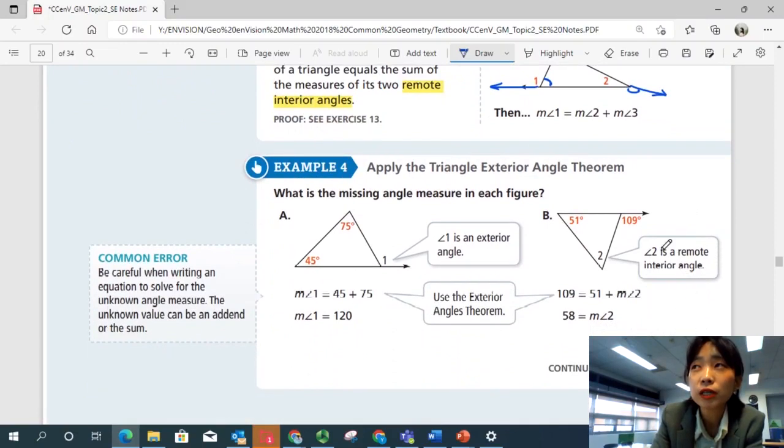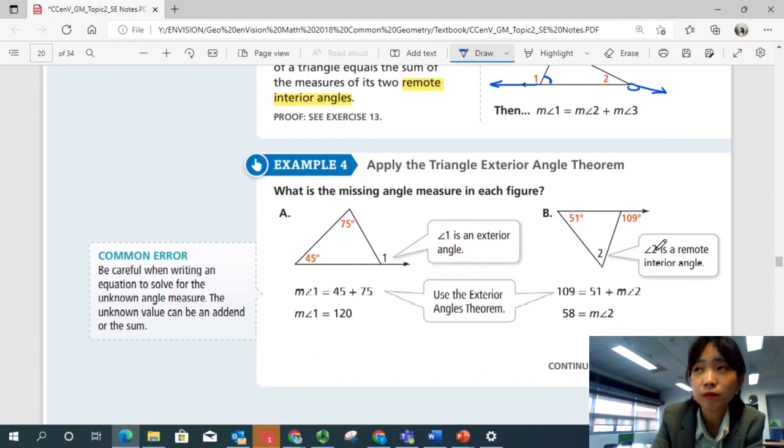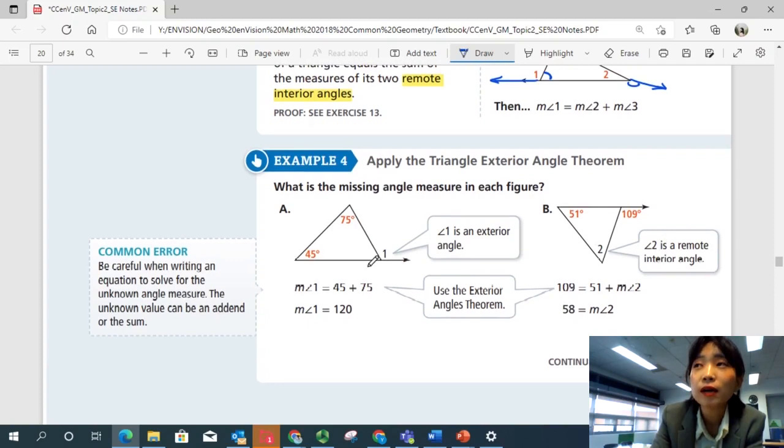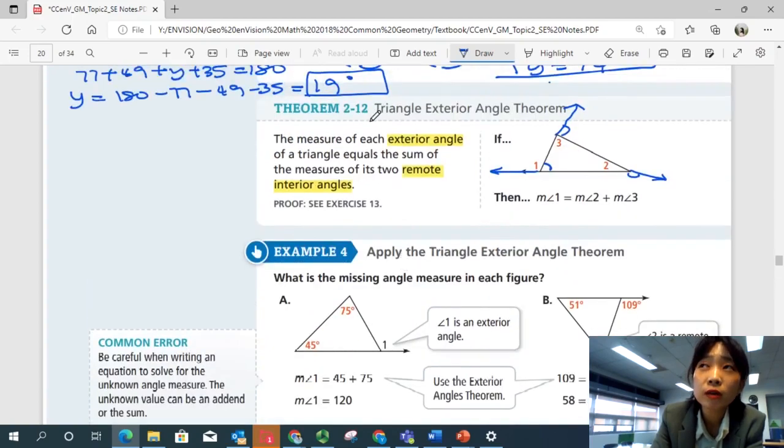What is the missing angle measure in each figure? Part A. We don't know the third angle here. So you can either figure out the third angle and subtract that from 180 to figure out the exterior angle. But if you know theorem 2-12, you can save some steps.